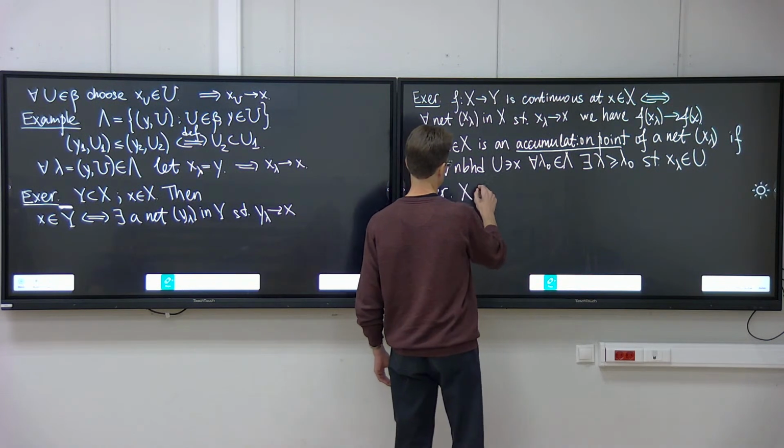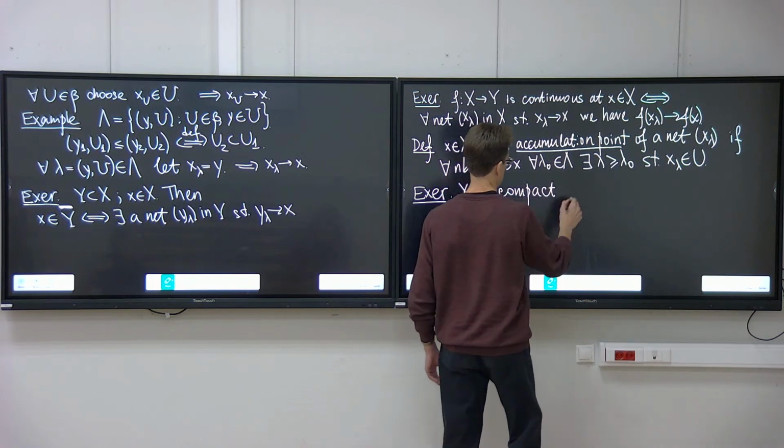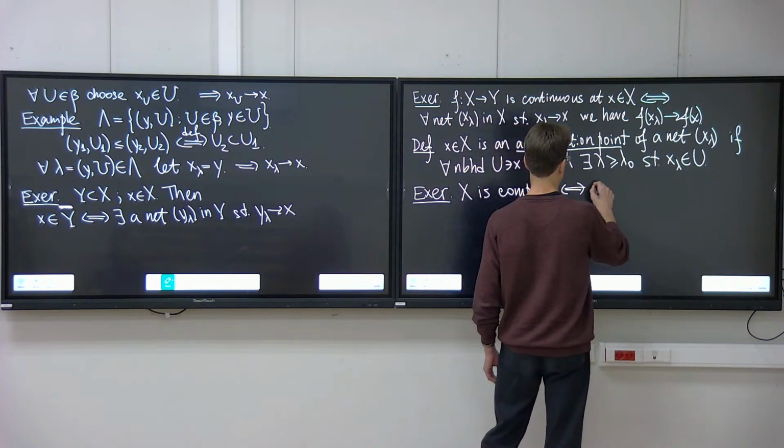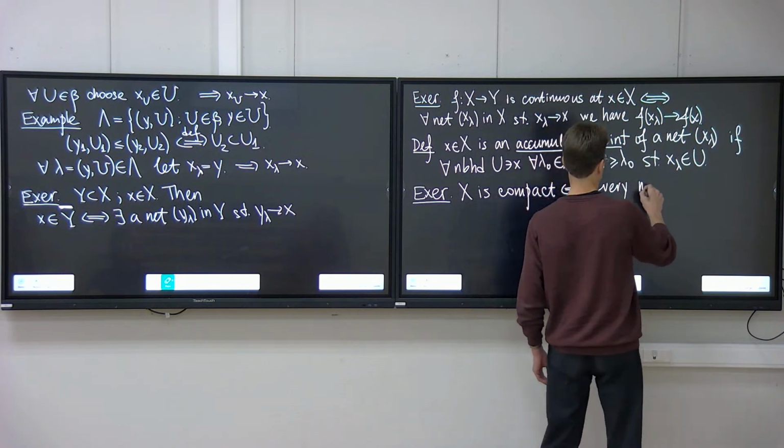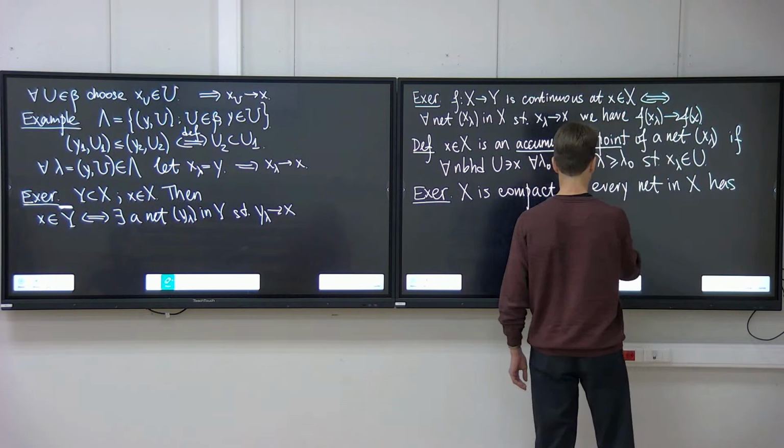I claim that X is compact if and only if every net in X has an accumulation point.